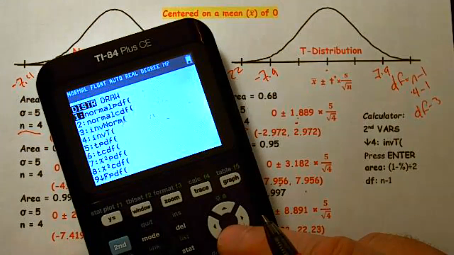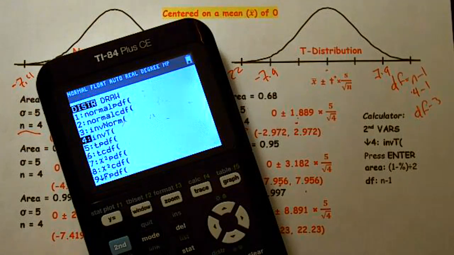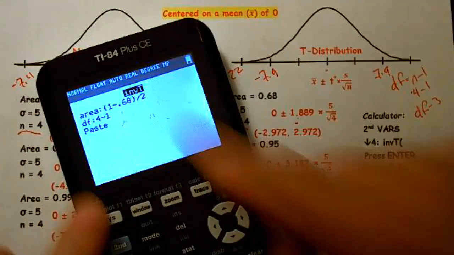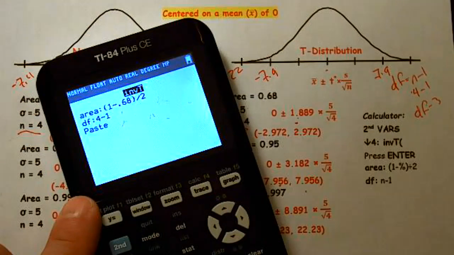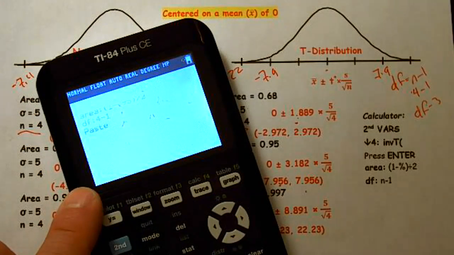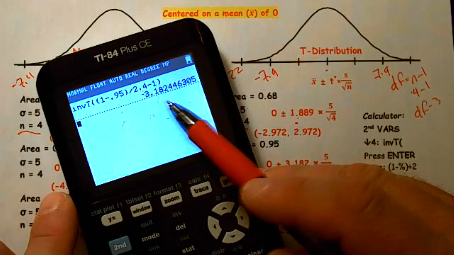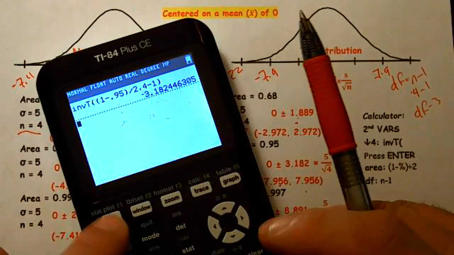So second vars, inverse t, and I'm going to do the 95% real quickly: parenthesis, 1 minus 0.95, close parenthesis, divided by 2. And I kept my degrees of freedom at 3. Oops, I have an issue.